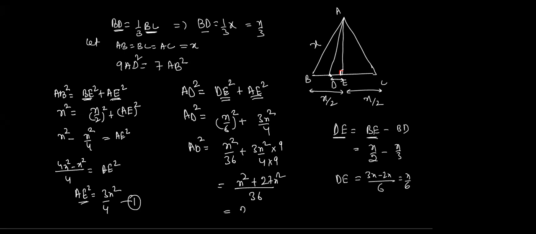So you will get 28x square upon 36 is equal to AD square. So what you can write here is you can cut it by 4. 4 sevens are 28, 4 nines are 36. So we'll get 9 going to that side.